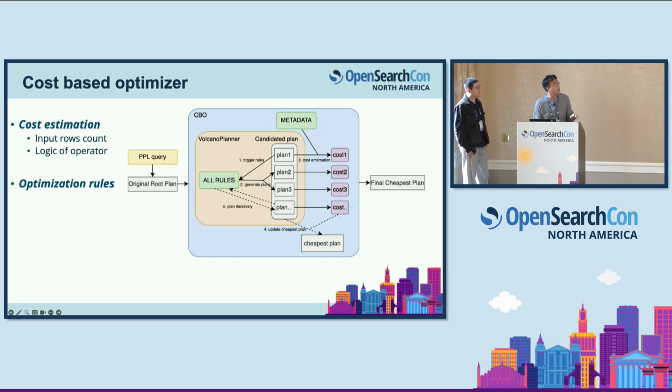We also need many heuristic optimization rules that help us continuously generate new plans. Then we can calculate their costs repeatedly and find the cheapest plan in the end. This iterative process is initialized with the original plan and will not stop until no new plan triggers any new rules.